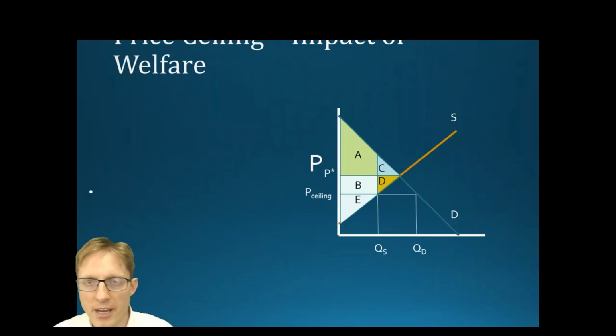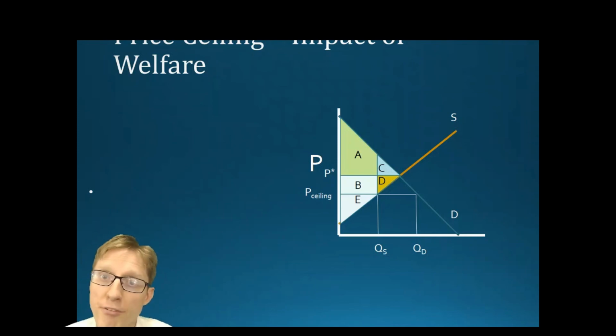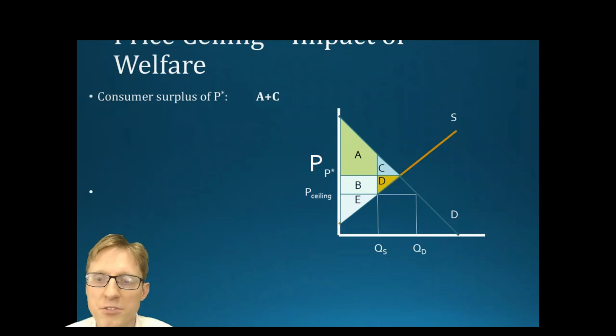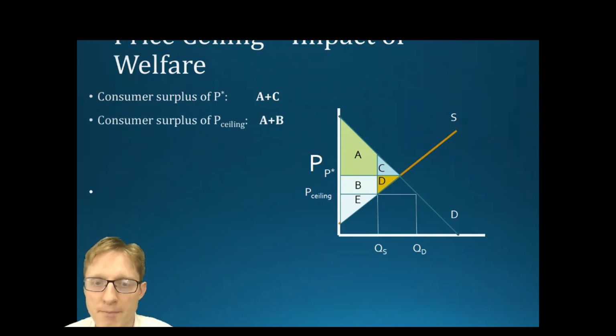So the question, and you can sort of pause the video for a second and think about it, is what is the change in consumer surplus? Okay, so the consumer surplus before the government intervention is equal to areas A plus C. Afterwards, the consumer surplus is equal to areas A plus B. Right?